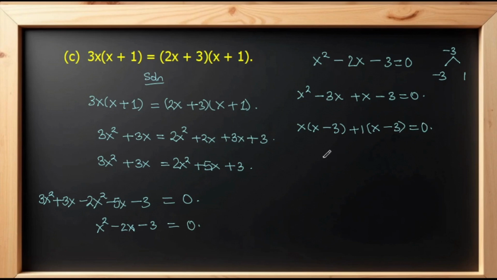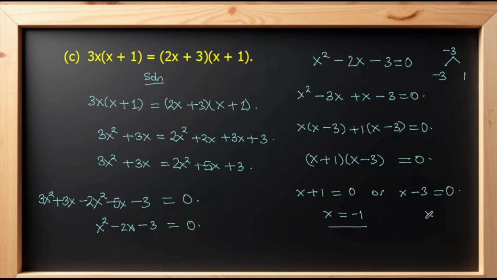So the coefficients are x plus 1, and we have here x minus 3 equals 0. Either x plus 1 equals 0, or x minus 3 equals 0. So simplifying this, we have x equals negative 1, and here x is equal to 3.